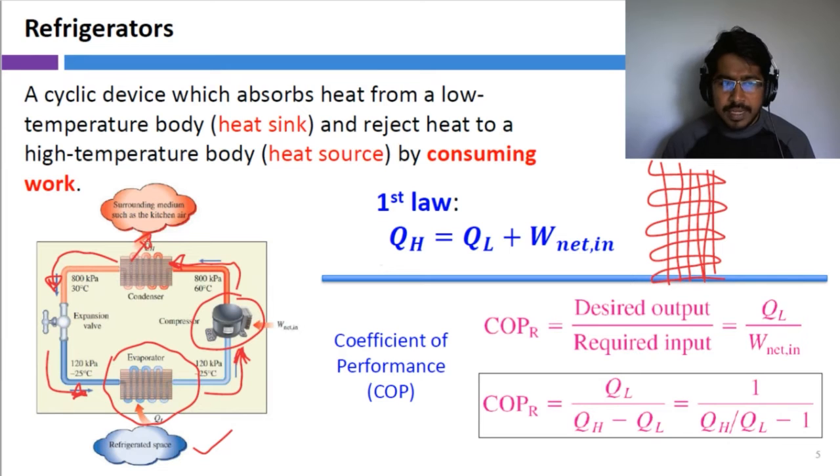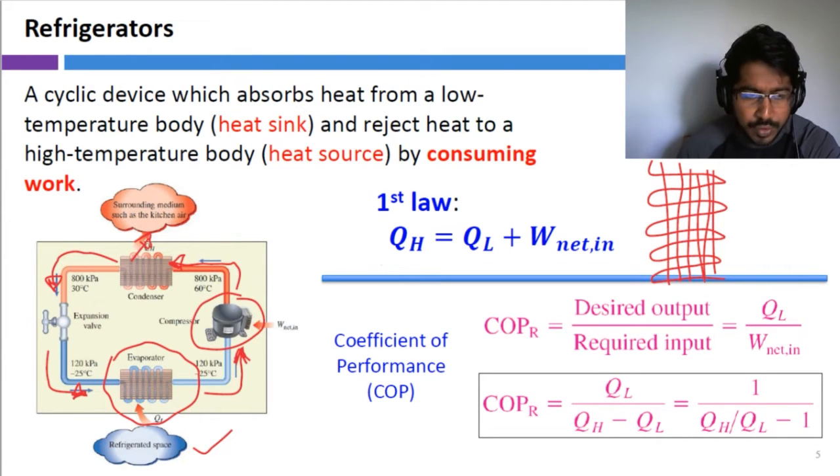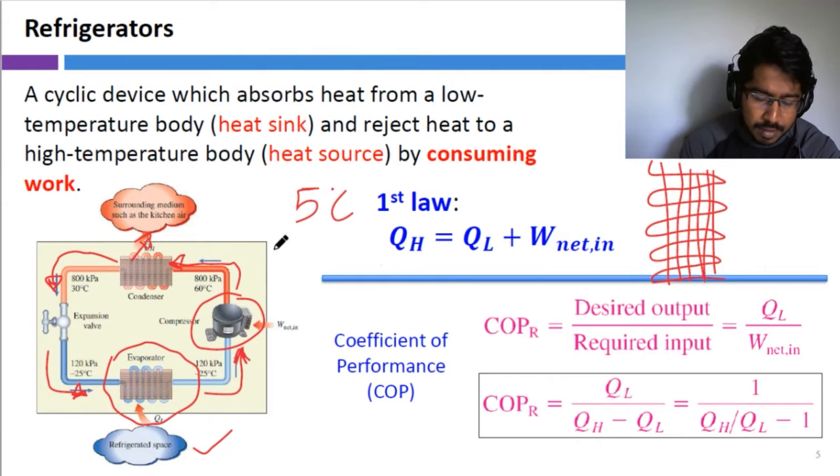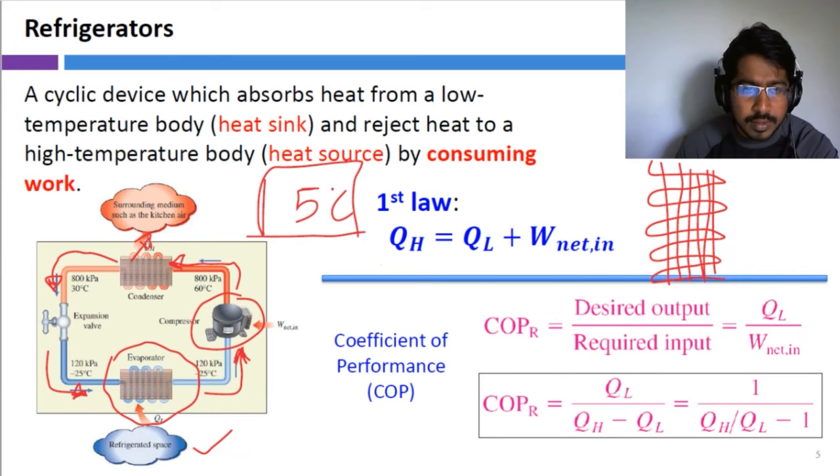Perfect. So what happens there is, let's say we want to cool our food to 5 Celsius, right? In engineering, we cannot exactly say that 5 Celsius is 5 Celsius. So what happens is we set our maximum temperature inside the refrigerated space to 5 Celsius, and we say, keep it below 5 Celsius.